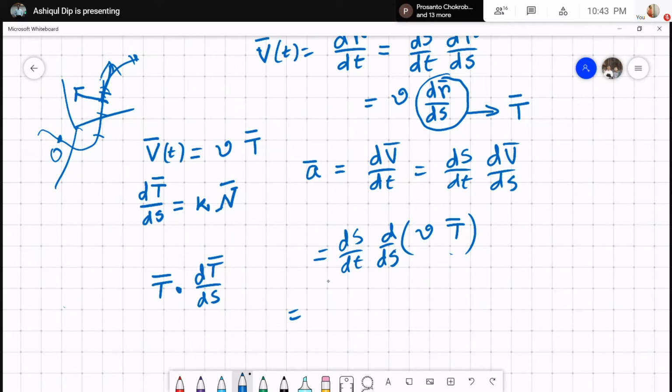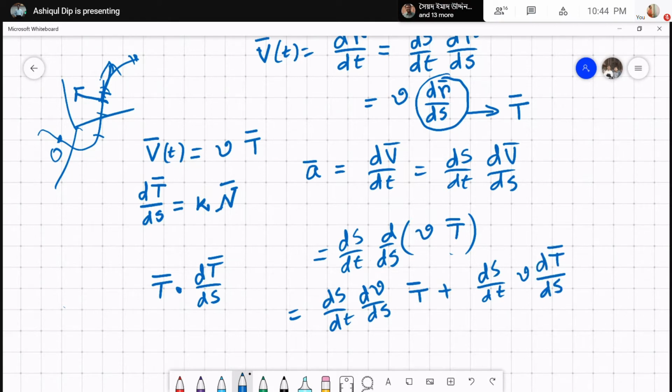Using the product rule, we get ds over dt times dv over ds times t, plus ds over dt times v times dt over ds. Do you agree? Yes.